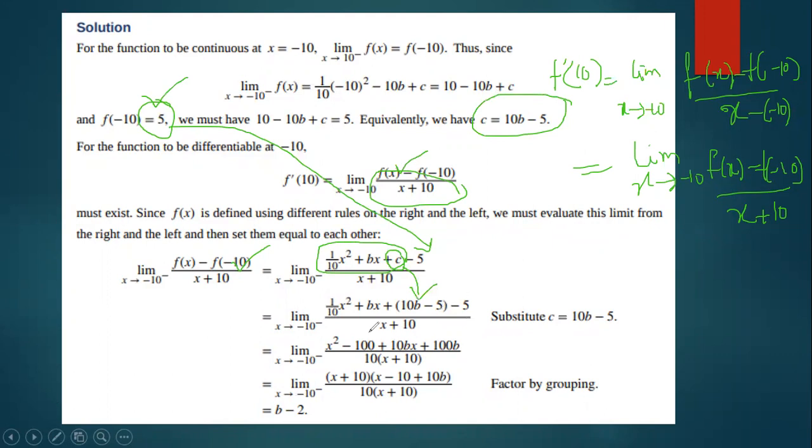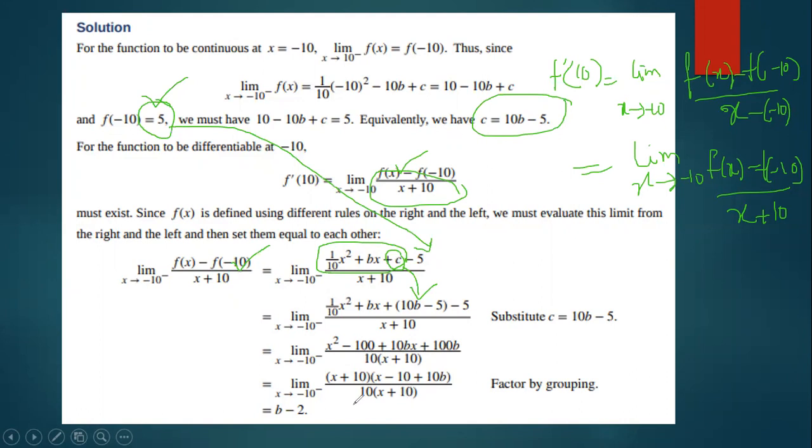Okay, so now after this I have to take the LCM. So from LCM it will be equal to x square minus 100x plus 10bx plus 100b divided by 10 into x plus 10. Okay, so again from this I have to make the factors.